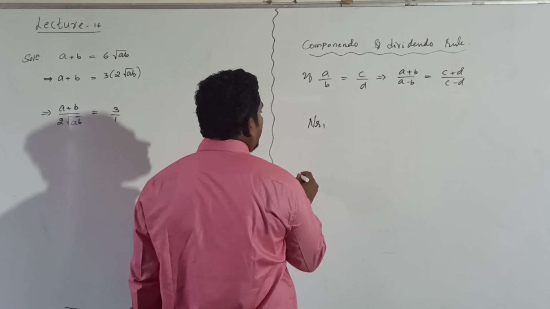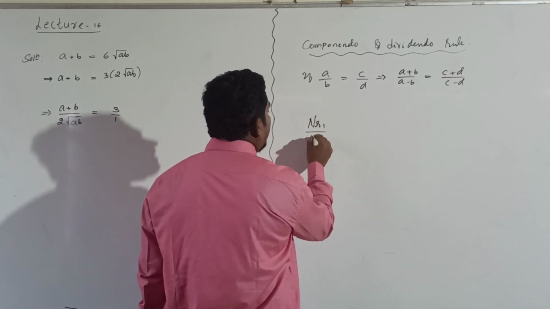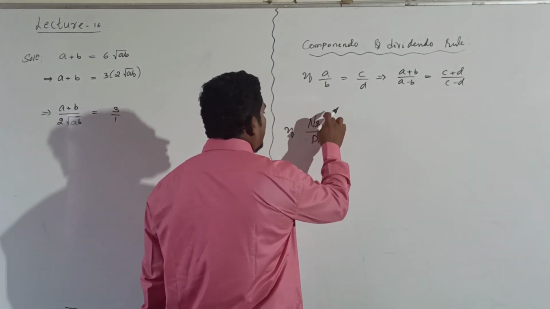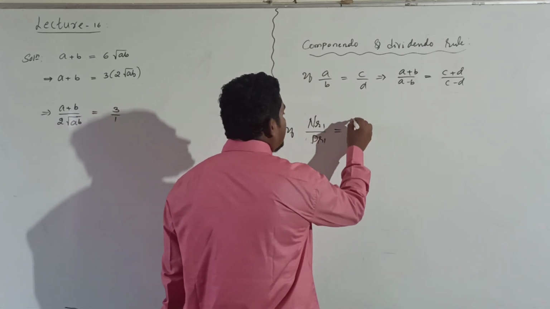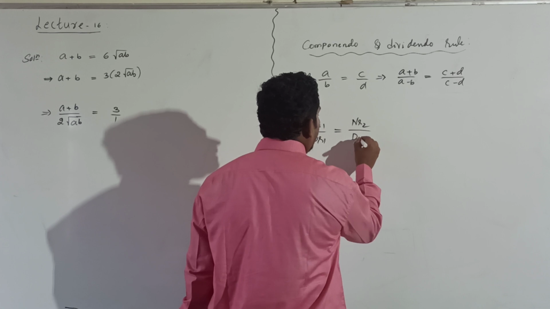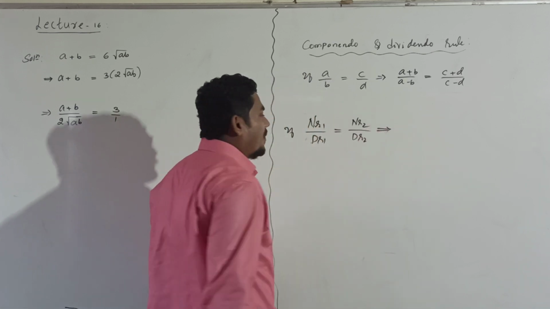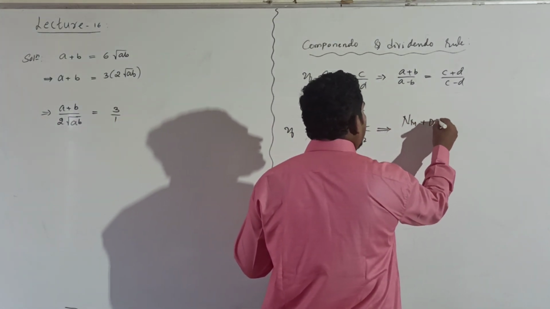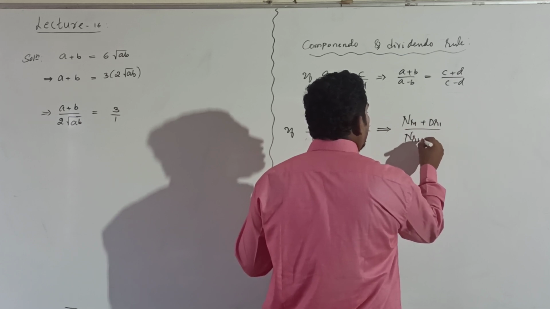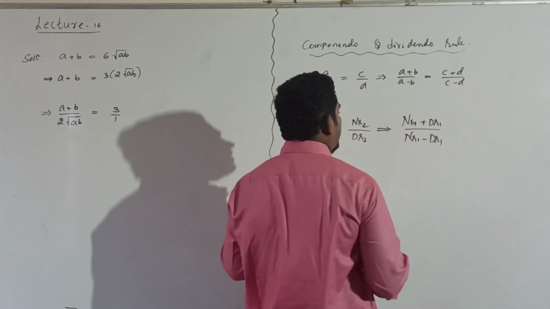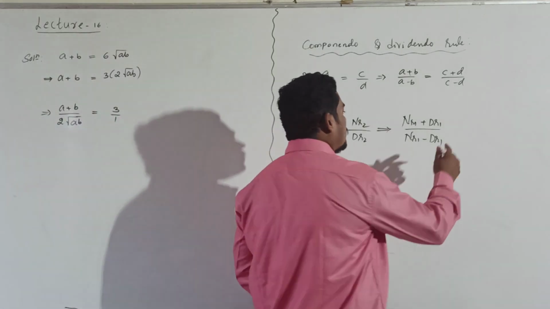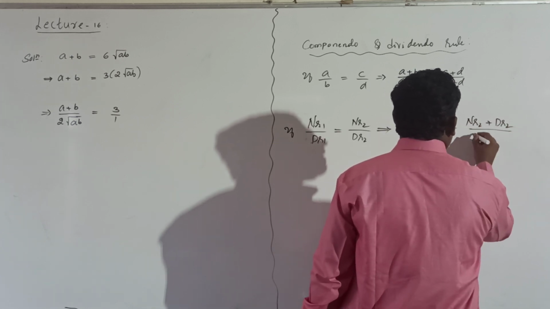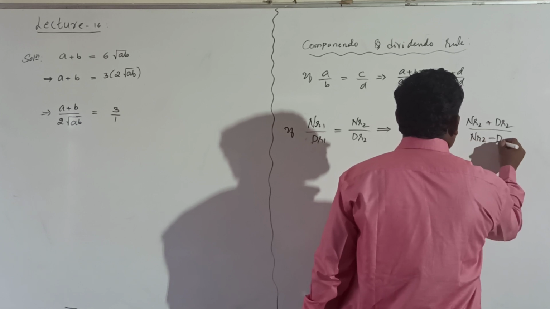Or else remember: if numerator 1 divided by denominator 1 is equal to numerator 2 divided by denominator 2, then on applying componendo and dividendo rule, it will be numerator 1 plus denominator 1 divided by numerator 1 minus denominator 1 is equal to numerator 2 plus denominator 2 divided by numerator 2 minus denominator 2.